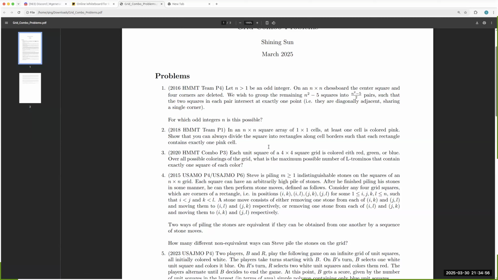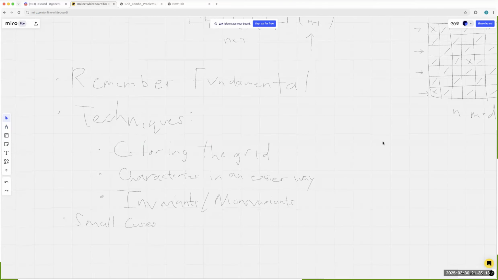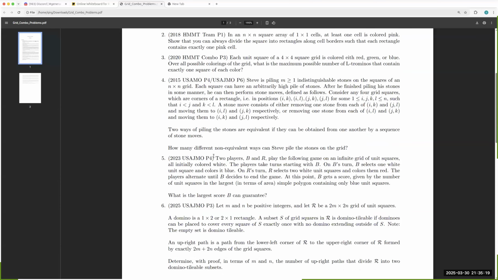Hopefully what I've presented today has given you a little bit of intuition as to how to approach these problems, but there are a lot of techniques that I still haven't talked about. One of those would be to use an algorithm, like in problem 5. I will give a few pointers on that.